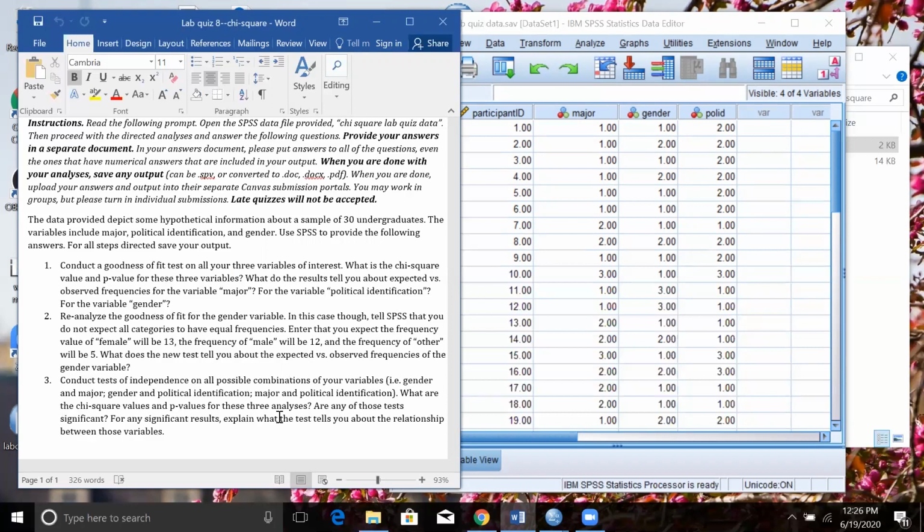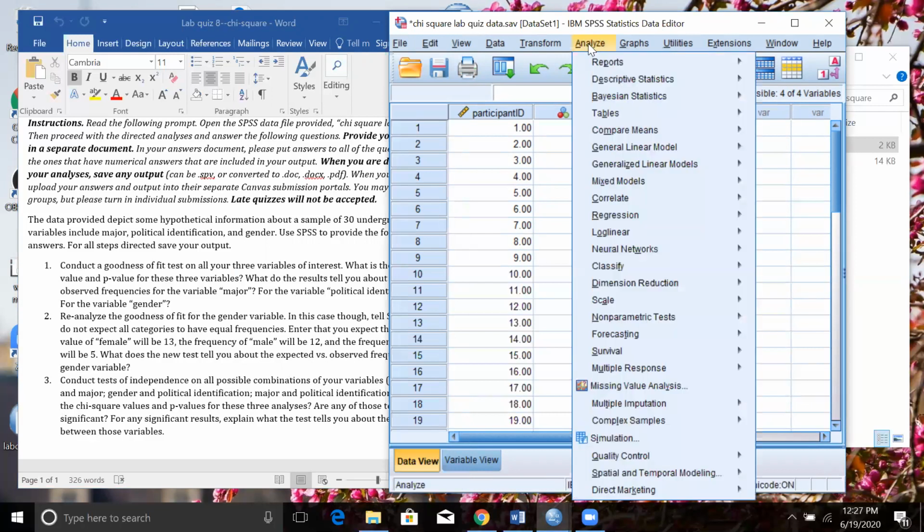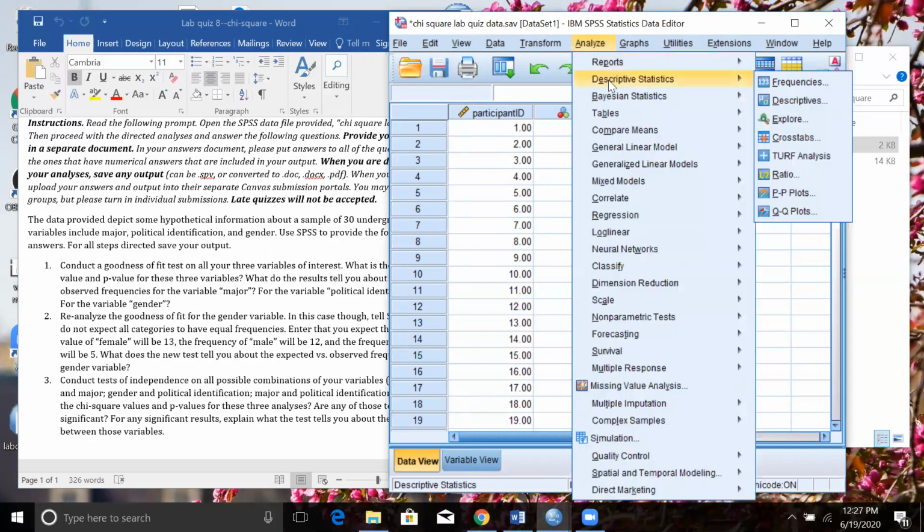We're going to conduct a series of tests of independence on all possible combinations of our variables. Let's start with gender and major. The two-way chi-square is pretty counterintuitive to find, not that hard. But it's actually in descriptive statistics, and you go to crosstabs.